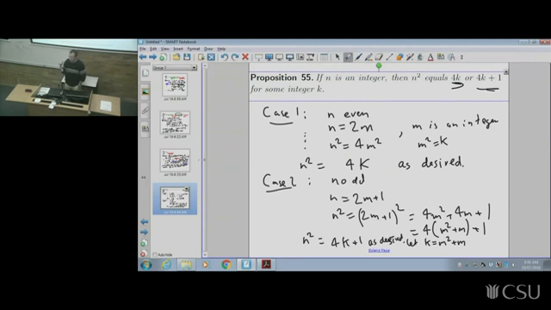Therefore, whether it's odd or even, the conclusion is true in both cases, therefore we've proved the theorem. That's the idea of proof by cases. And you can see they sort of mirror each other. Any questions with that?